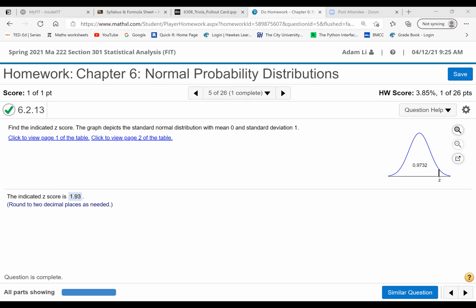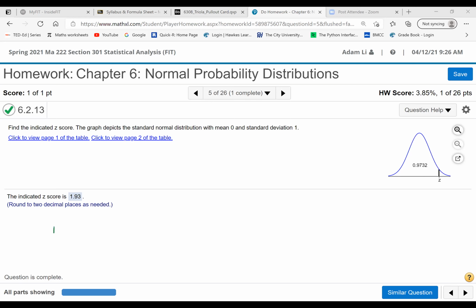Let me give you an example. Let's say the mean IQ score for adults is 100, and the standard deviation is 12. Now let's find out the first one.